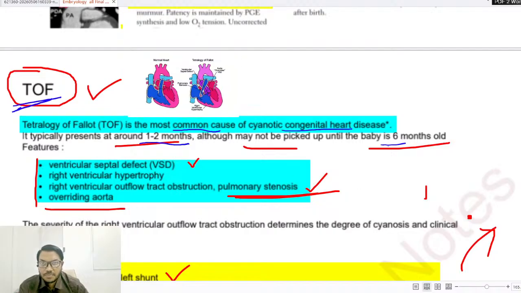Then right ventricular hypertrophy, this one. Then right ventricular outflow obstruction, here there will be pulmonary stenosis, and overriding of the aorta here. Four components. Can you repeat what are the components of TOF?